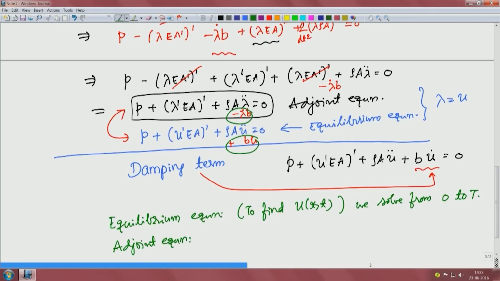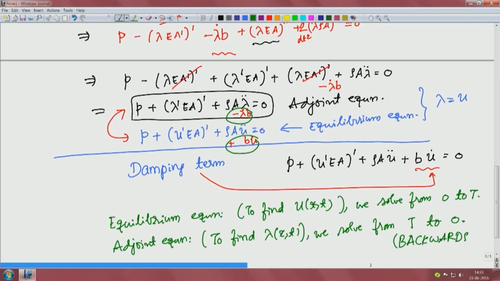Since we have minus sign, I cannot do the structure of the equilibrium equation. So, adjoint equation, I say I want to solve to find lambda(x,t), we solve from T to 0, that is backwards.